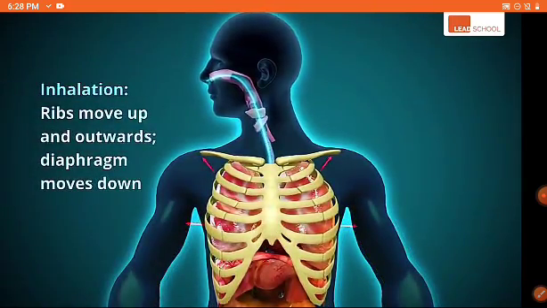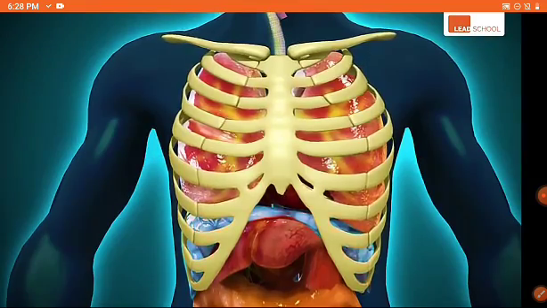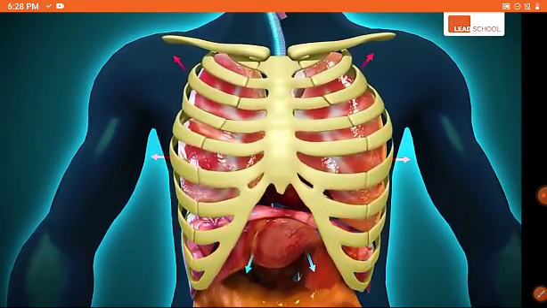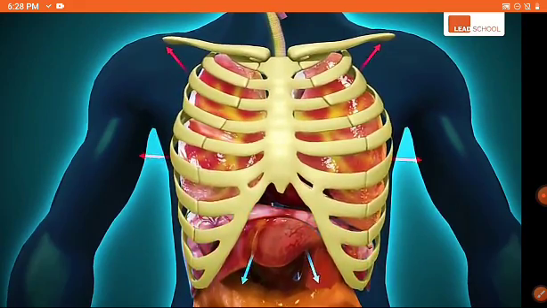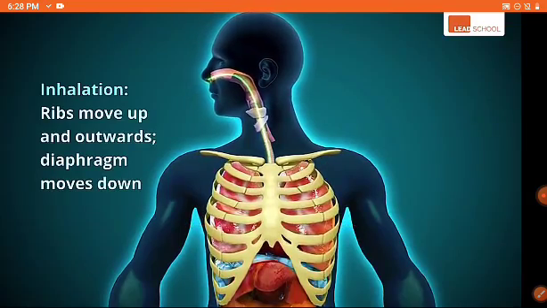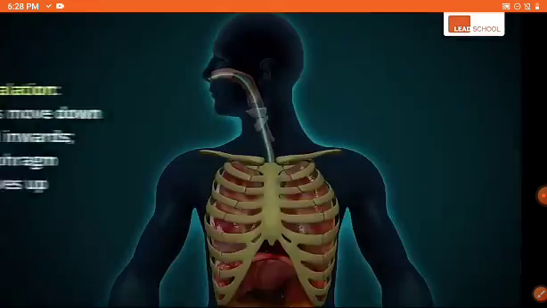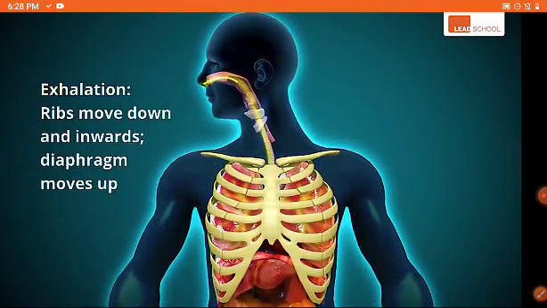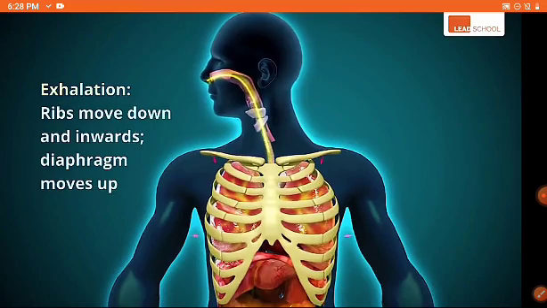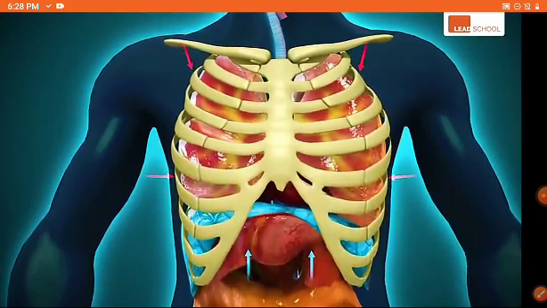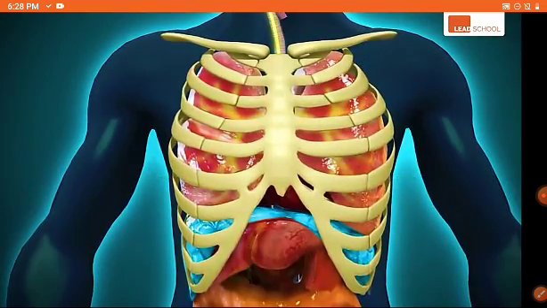During inhalation, the ribs move up and outwards, while the diaphragm moves down. During exhalation, the ribs move down and inwards while the diaphragm moves up to its previous position.